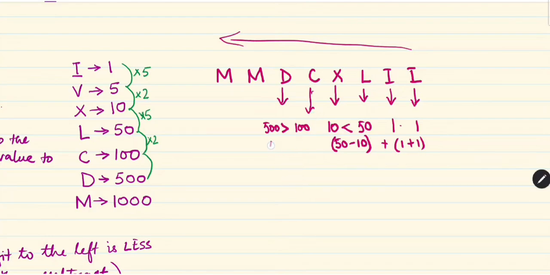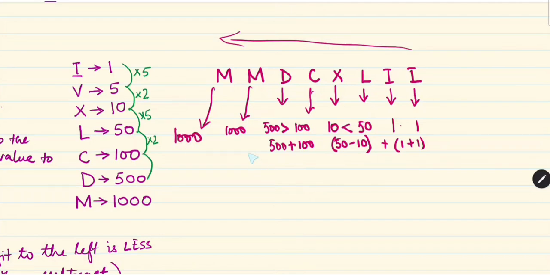Correct? So we are going to do 500 plus 100. All right? And then we have M, which is a 1,000, right? M is a 1,000. And then we have another M, which is also a 1,000.